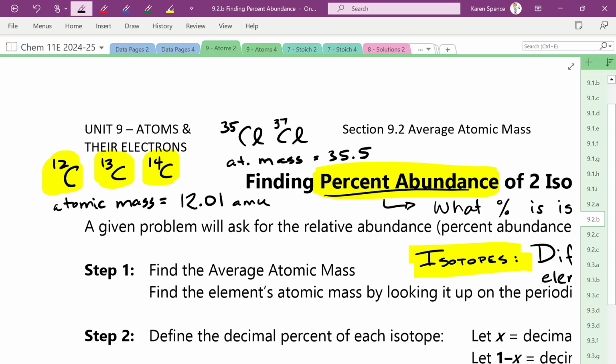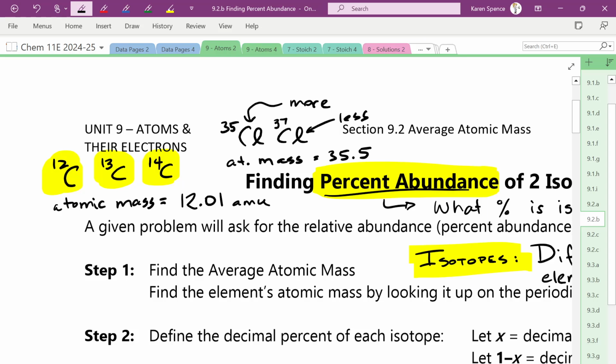Yeah, because if it was 50-50, if I just took the average, I would get 36. But I don't. I get a number closer to 35. So there is more, and there is less.